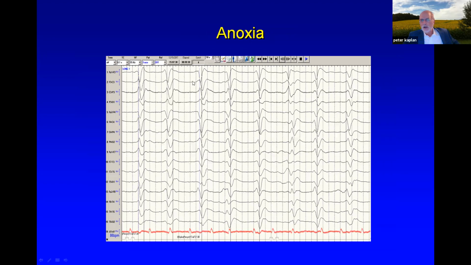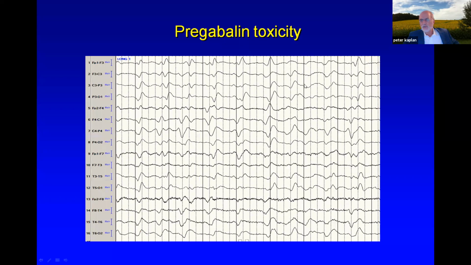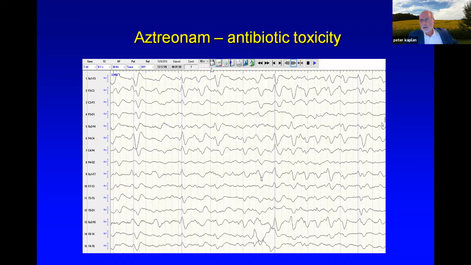In this one, anoxia, these ones look so metronomic that it's a bit of a giveaway that it's anoxia, in the sense that more dynamic reversible ones are a little bit more subject to reactivity and spontaneous change. This is the fixed insult producing anoxia, triphasic waves. But again, if you have slight renal compromise, pregabalin can produce it.